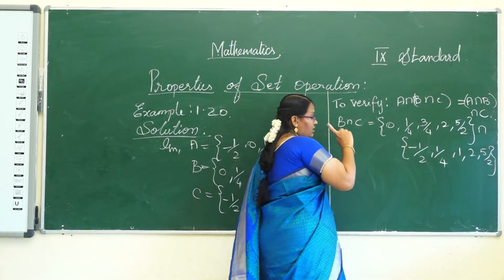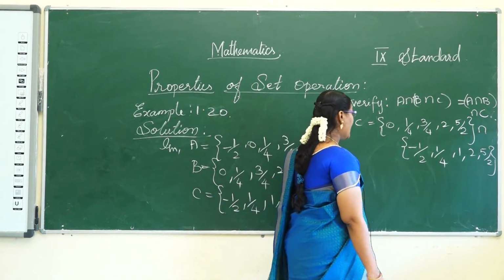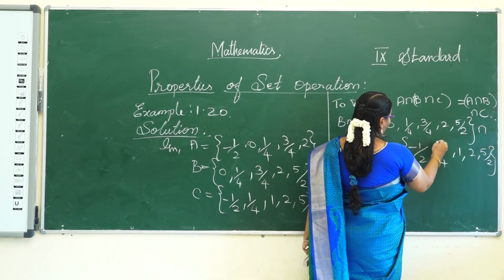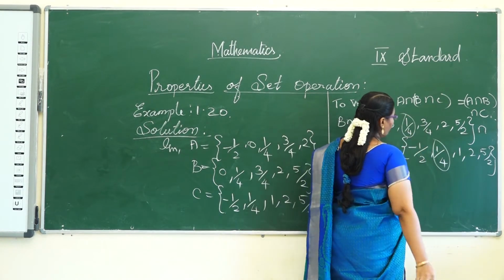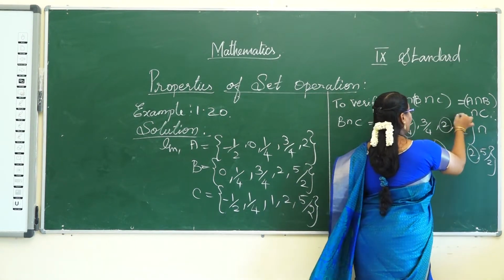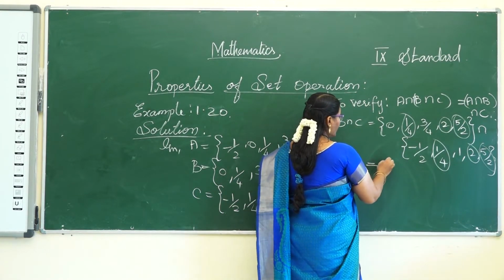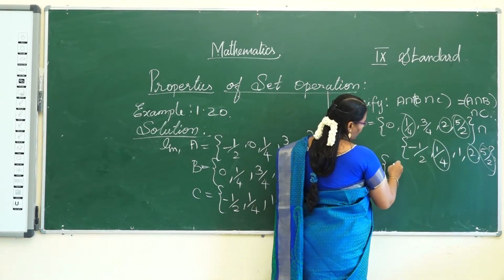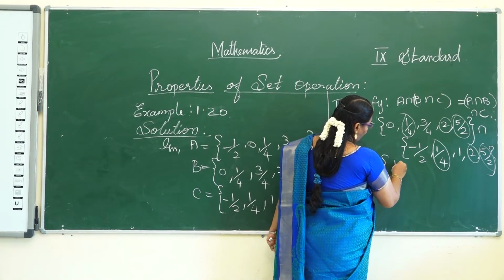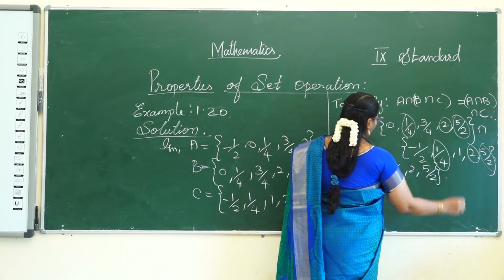So intersection means common elements in both sets. Which are the elements common in sets B and C? 0 is not there. 1 is not in B, but 1/4 is a common element, and 2 is also a common element, and 5/2 is also a common element. So B intersection C has the elements 1/4, 2, 5/2. Okay.